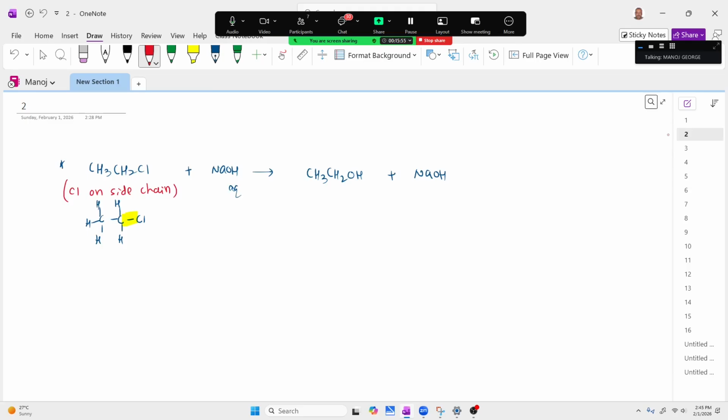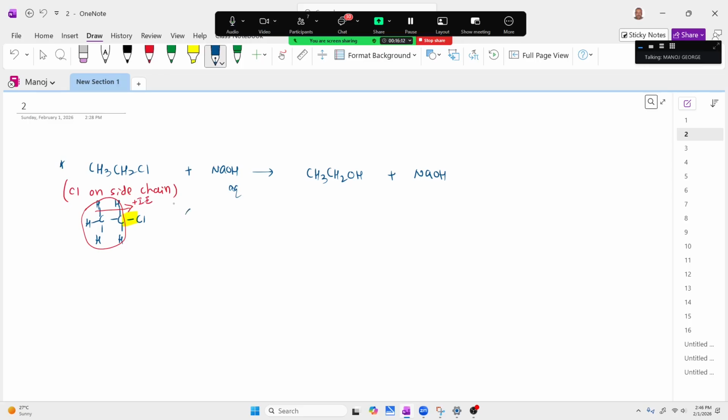But when it comes to this one, you might remember that the R group here, the alkyl group, does what is called positive inductive effect. Do you remember positive inductive effect?